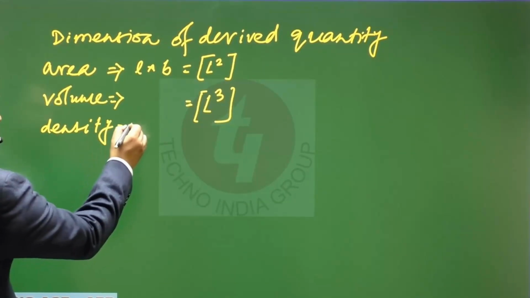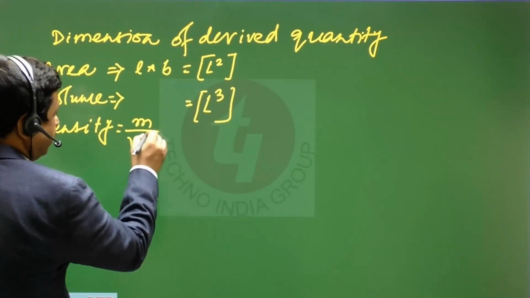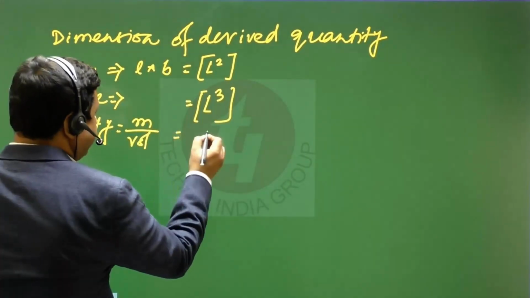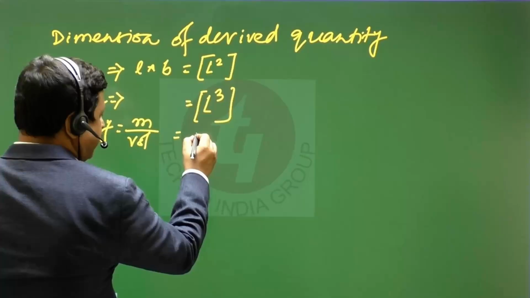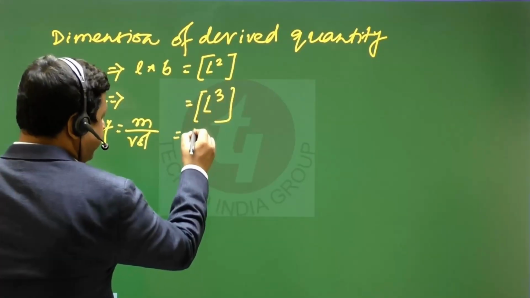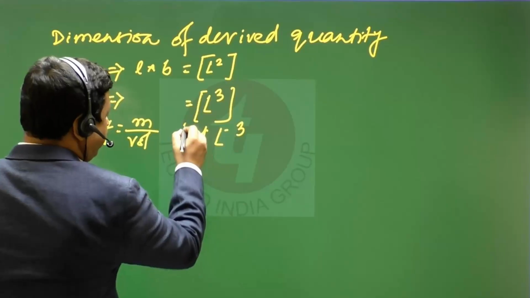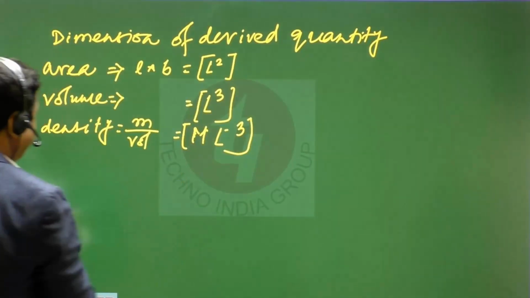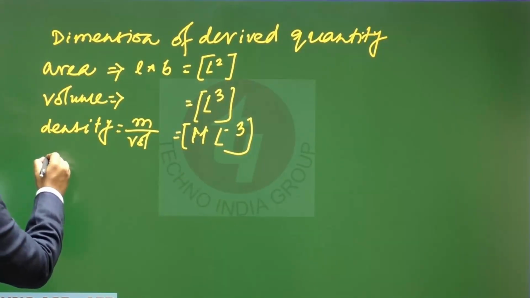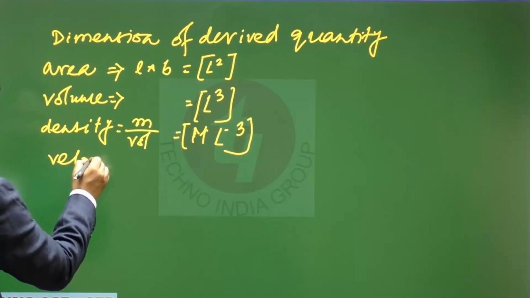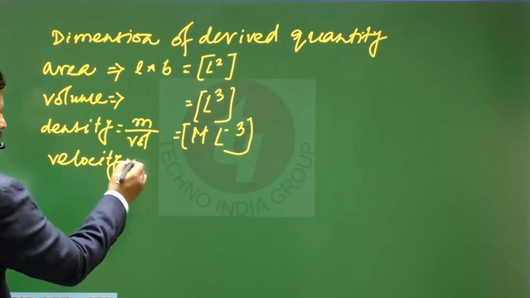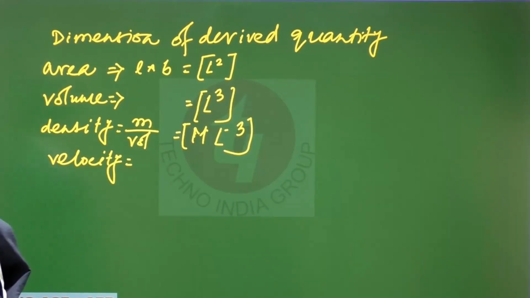Say density. Density, you know, is mass by volume. Mass is capital M and volume is L cube, so it is M L to the power minus 3, okay? Like say velocity or speed, that is displacement by time.